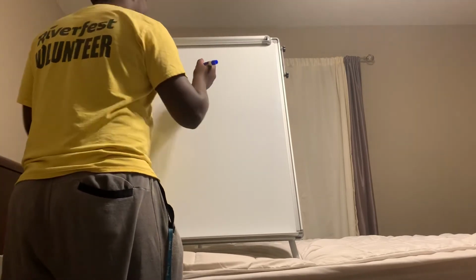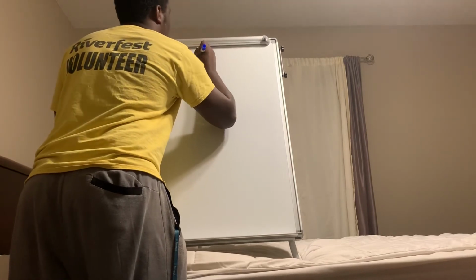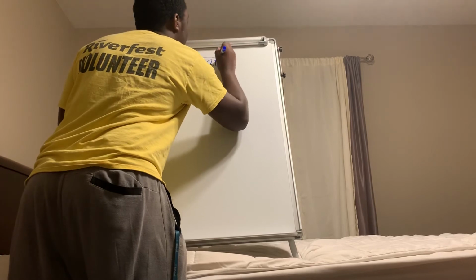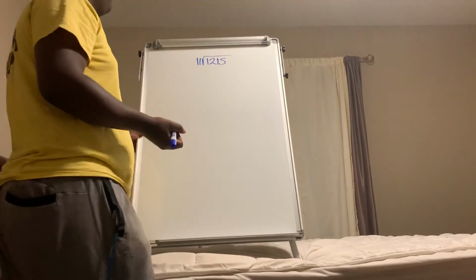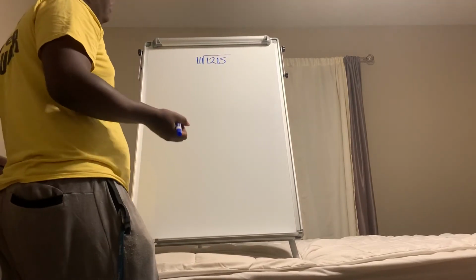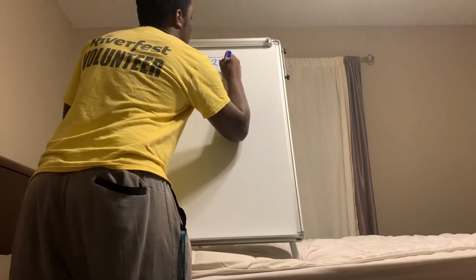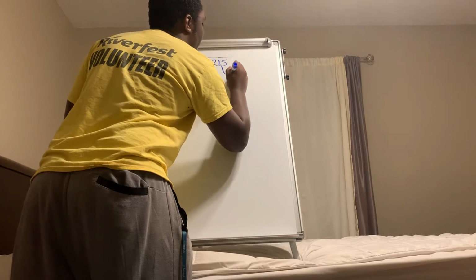Then we have 11 radical 1,215. Without any prior knowledge, we know that there's at least a 5 in there because the number ends with 5. So we can go ahead and take this radical 5 out.